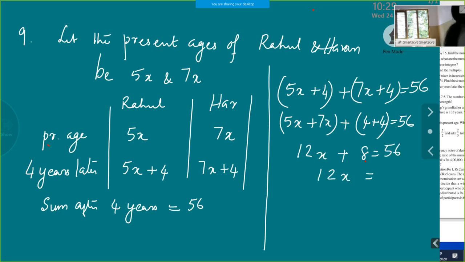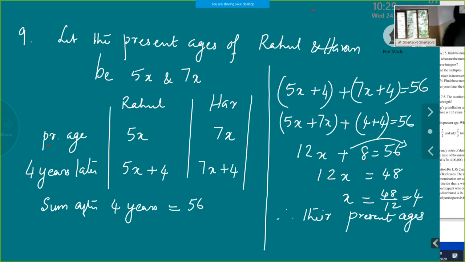So 12x is 48, bringing 8 to the other side. So x becomes 48 by 12, that is 4. So their present ages are 5x and 7x. 5 fours are 20, and 7x is 28.